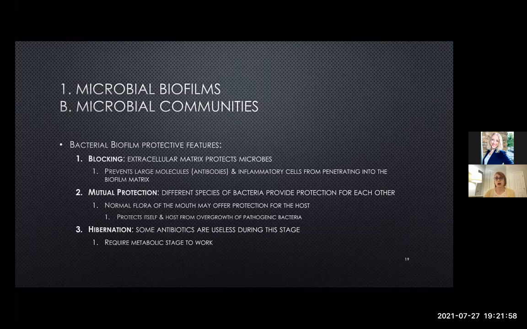Bacteria will offer protection for each other. This is where the normal flora of the mouth, the normal bacteria in the mouth, try to protect us, but some bacteria actually help each other proliferate. So when we think about normal flora, the good bacteria in our mouth, one thing that bacteria does is help prevent an overgrowth of fungus within the mouth, like Candida albicans.